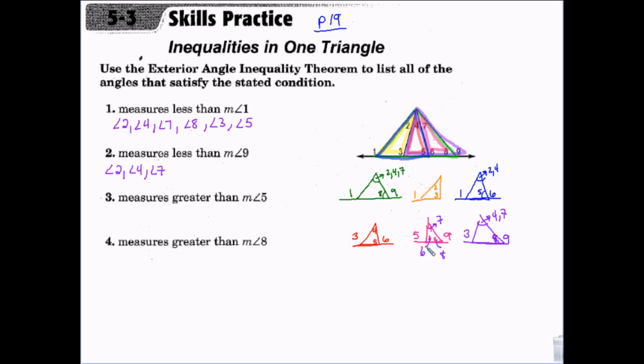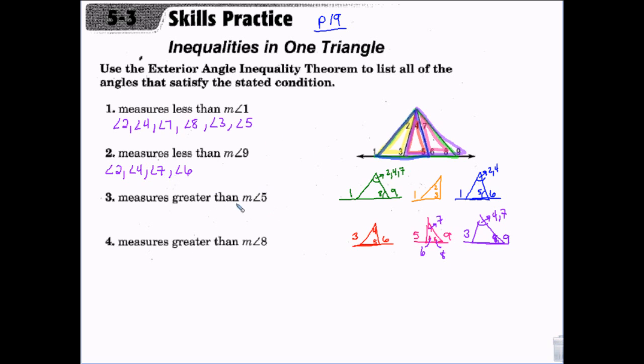Over here we have 6 and 7, but we already had 7, so we just say 6. And then over here we had 4 and 7. But we already have those, so you don't have to list them again. No, that's just list them. This isn't grammar class.